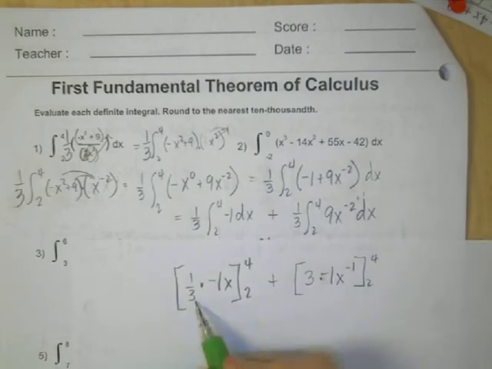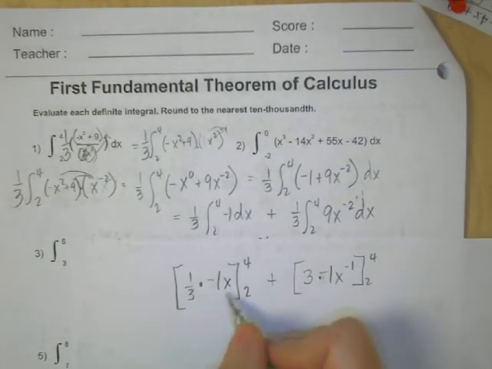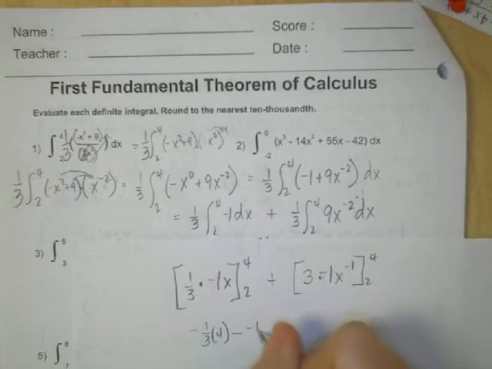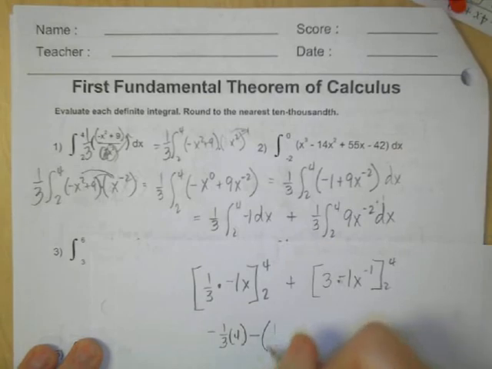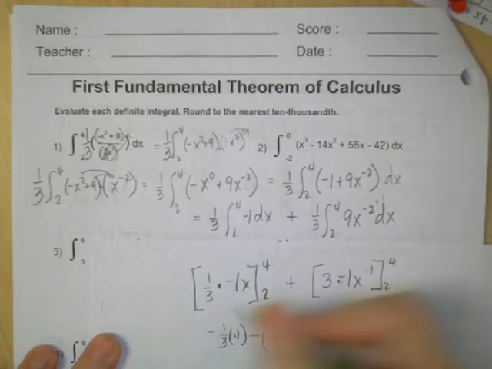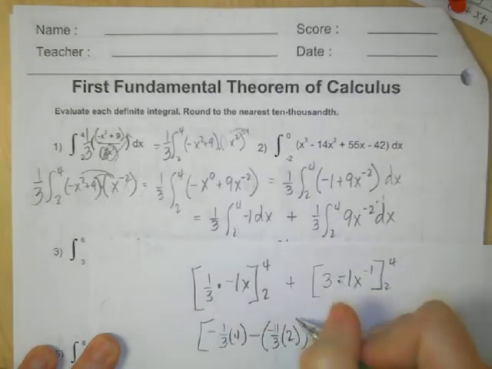So over here, 1/3 times negative 1 is negative 1/3, and I'm going to multiply that by 4, and then I'm going to do negative 1/3 times 2, and this is the first part.